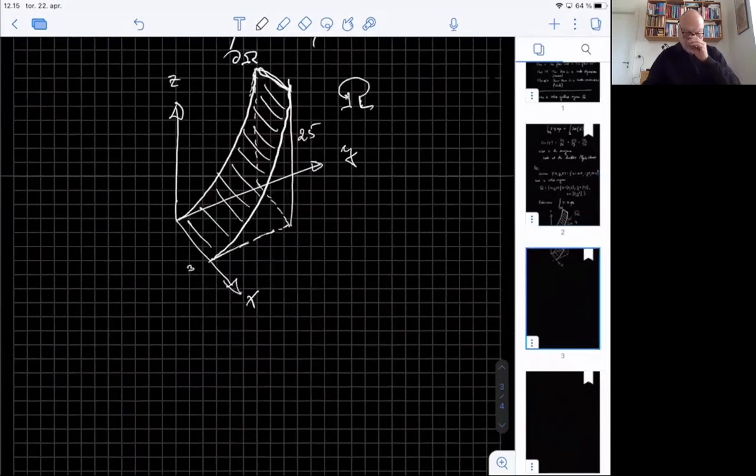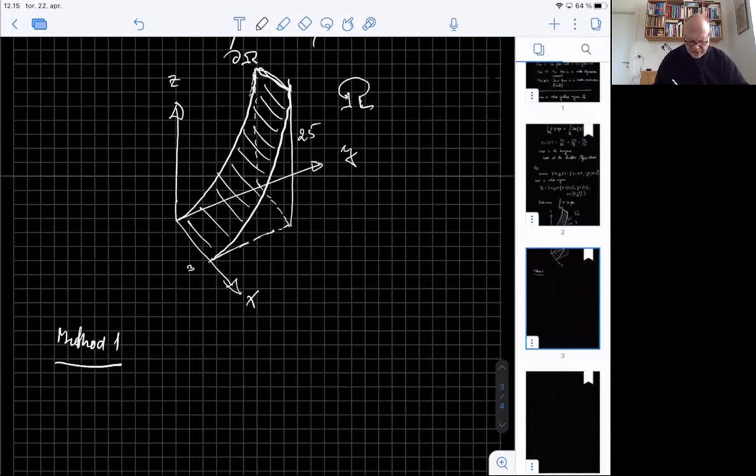Okay, so now I can do more things. There's method 1, where you actually calculate the flux out of each of these surfaces.